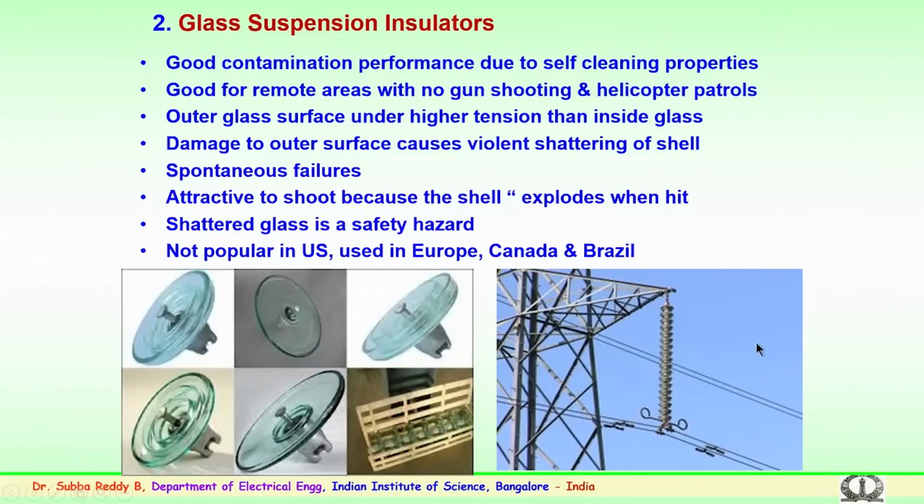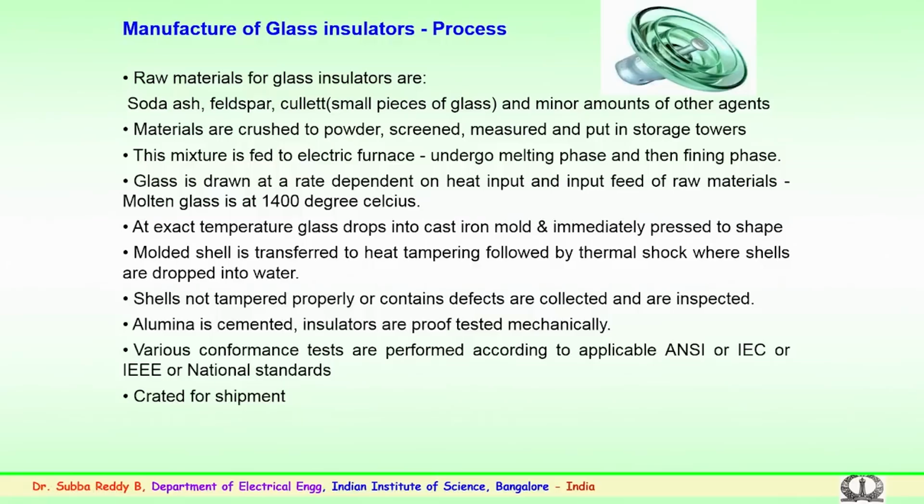We will now look at how the glass insulator is manufactured; this is also very important to know. The manufacture of glass insulators is a similar process to porcelain or ceramic insulators, but the materials employed for glass are basically soda ash, feldspar, and cullet.